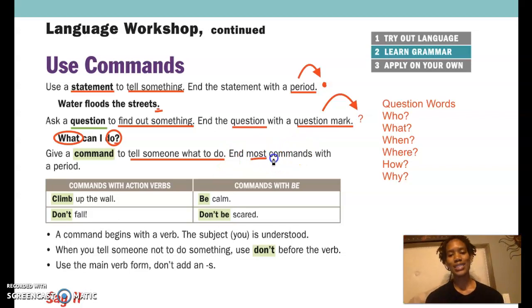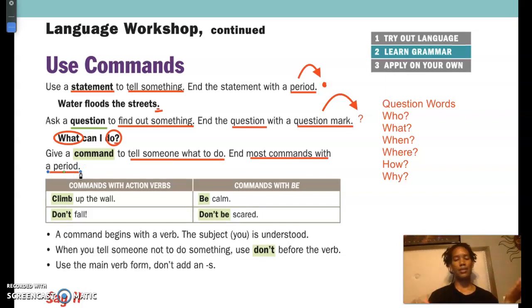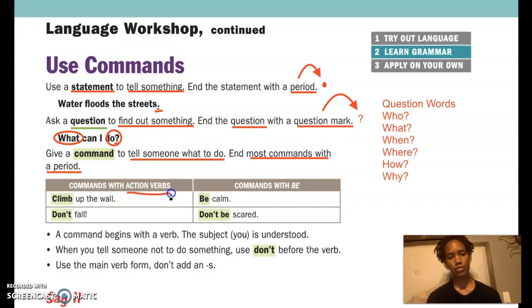Most commands end with a period, okay? So when you're differentiating between statements and commands, you have to be able to tell the difference in the sentence itself, because a statement ends in a period and a command also ends with a period. All right, so let's look at some examples for our commands with action verbs, right?